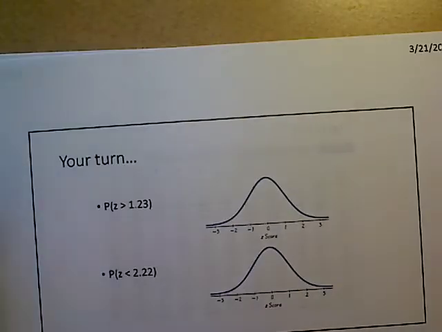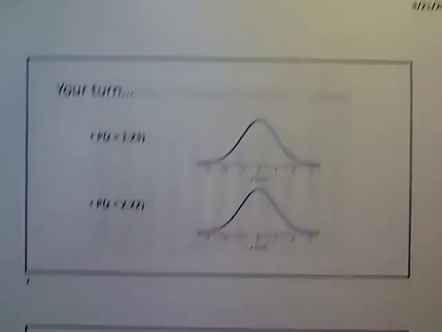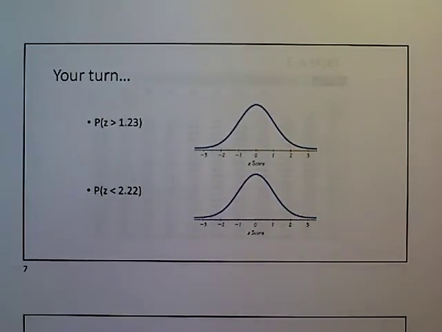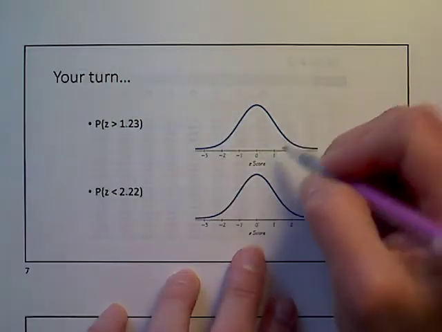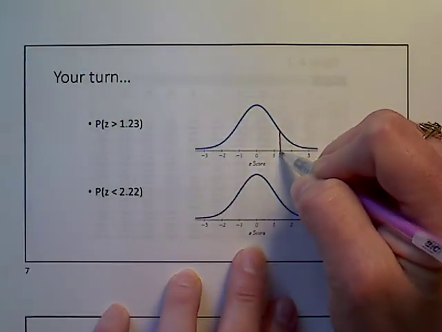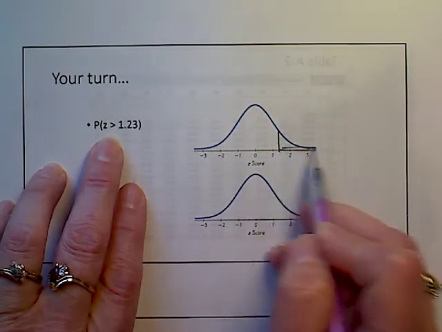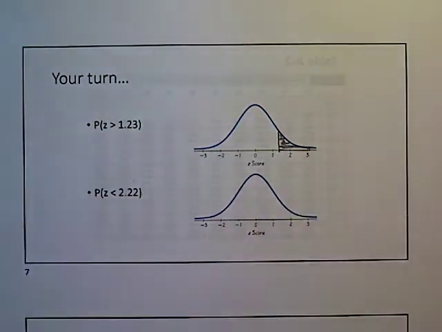Oh, that was fun. Okay, these are for you. I'm going to suggest that you hit pause right now, try the 2 problems, and then come back and see if we did them right, okay? Here goes. I'm going to go to 1.23. I want greater than. I go look up 1.23 on my table.